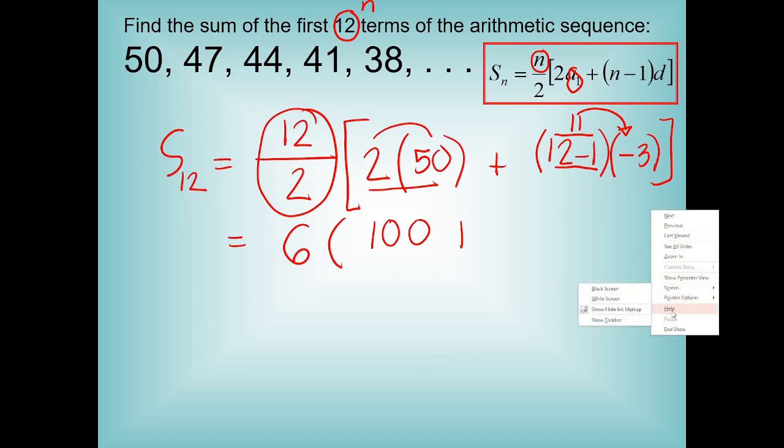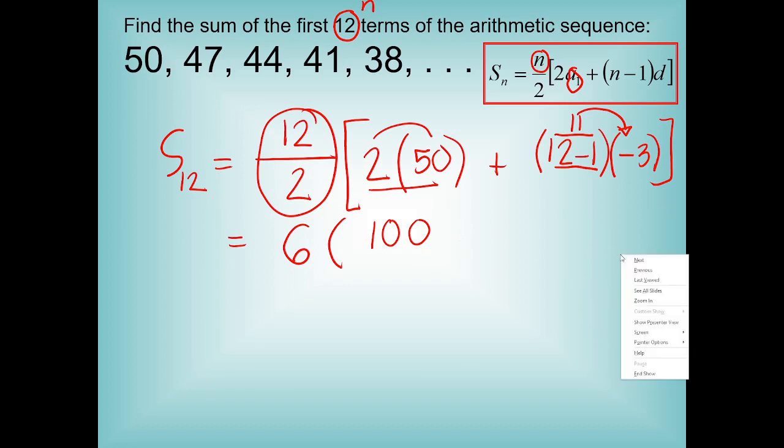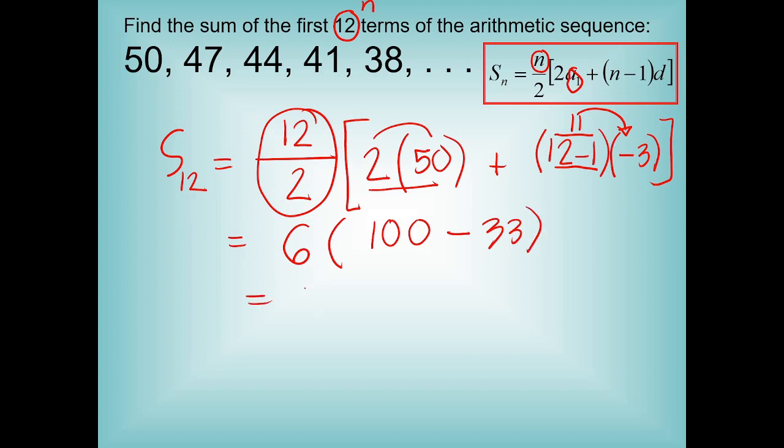I'm going to erase this one first. Negative 33. So what is 100 minus 33? 67. And 67 times 6 is how much?